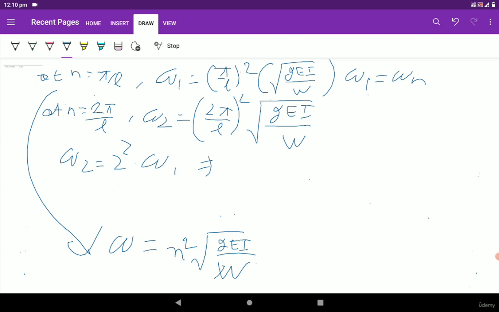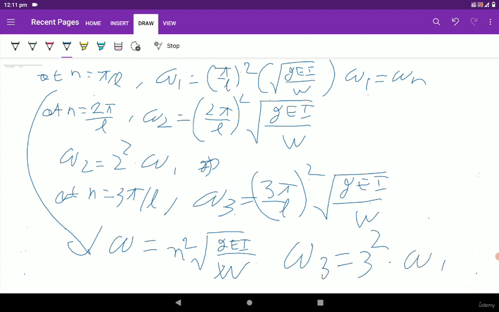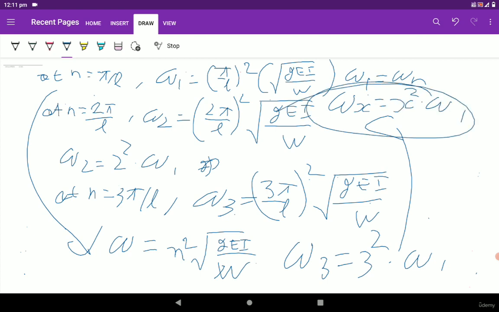So at n equal to 3 pi by L, we are going to get omega 3 equal to 3 pi by L whole square multiplied by the root of gEI upon W. So we can see that omega 3 is equal to 3 square times omega 1. So we can obtain the equation of our interest, that is n square times omega 1. So this is our equation of our interest.